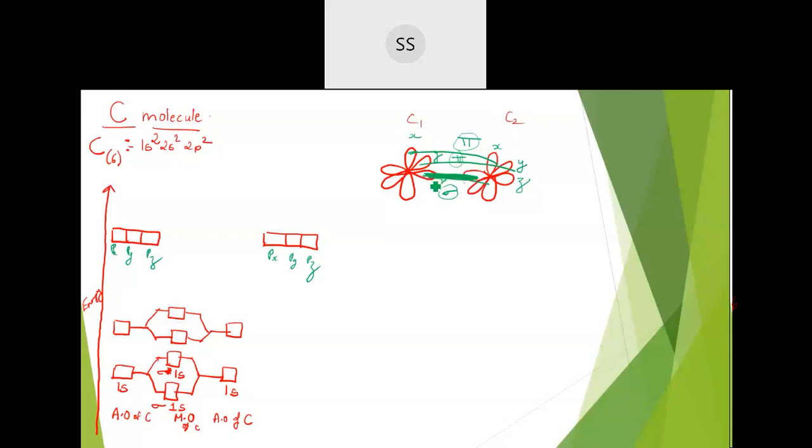When the bonds are formed, they will give out a lot of energy and then the bond will be stronger. Bonding is a stronger one, correct? So which one do you expect to be the lower energy? Should we put the sigma one or the pi one?